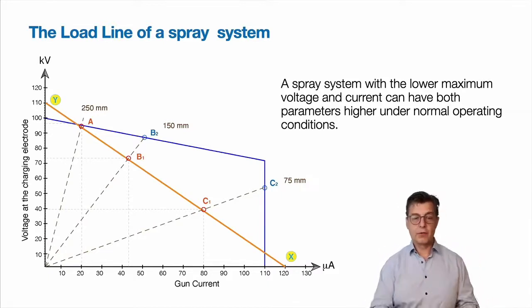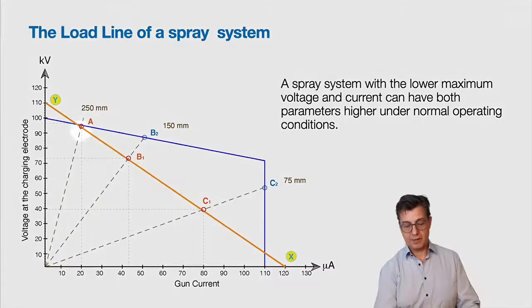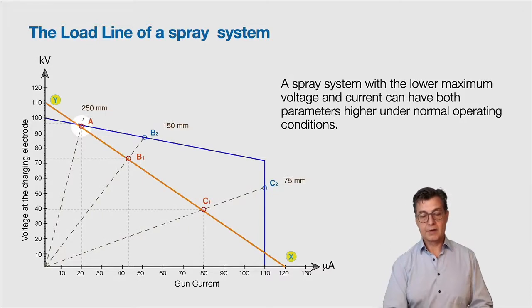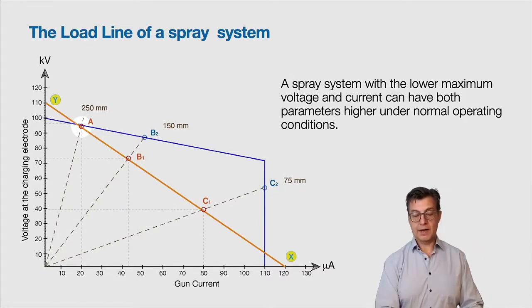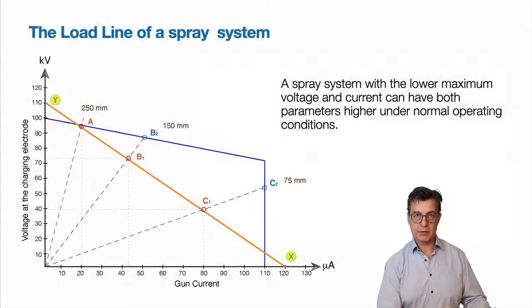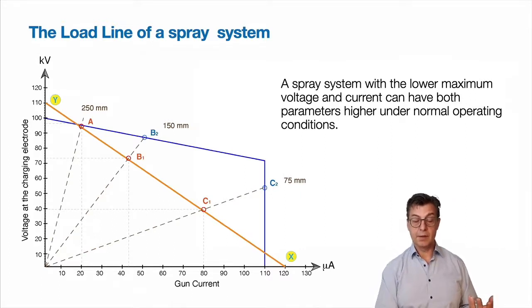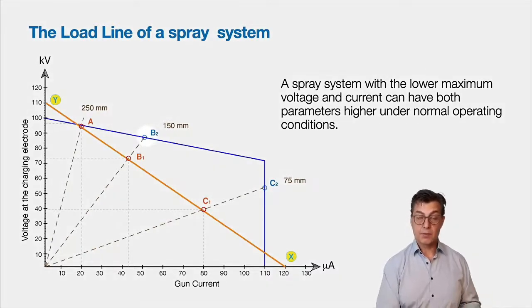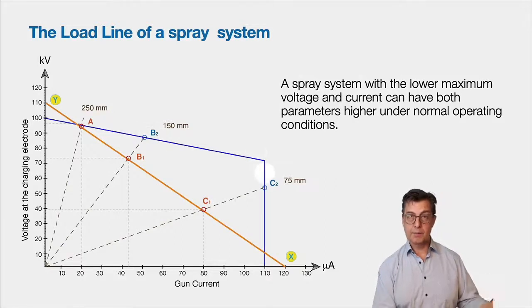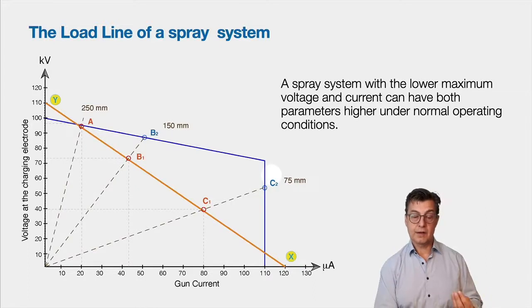Well, in fact, if you look at the resistance lines and if you look what the actual voltage will be at the tip of the gun, you can see that for a gun-to-part distance of 250 millimeters or 10 inches, both systems will have exactly the same actual gun tip voltage and exactly the same current. But for the gun-to-part distances closer than 250 millimeters or 10 inches, the spray system with the lower declared maximum voltage and current will have actually higher voltage at the tip of the gun.